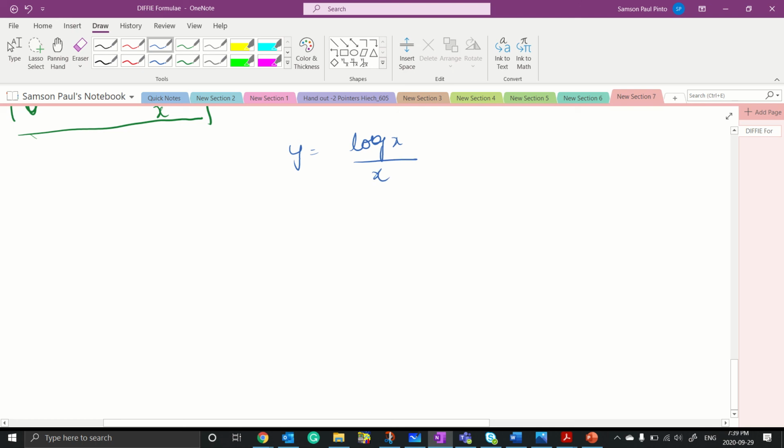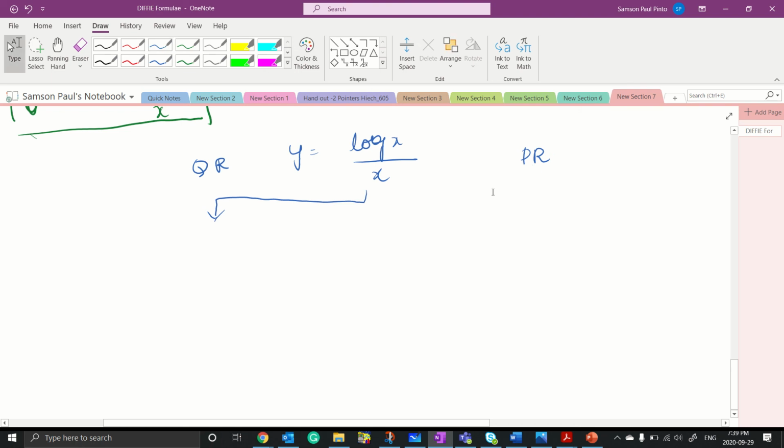Now let us solve this initially using quotient rule. I'm going to write it as QR, and for product rule I'm going to write it as PR. Essentially these are just my short forms.